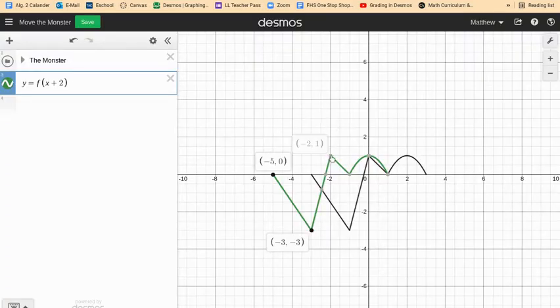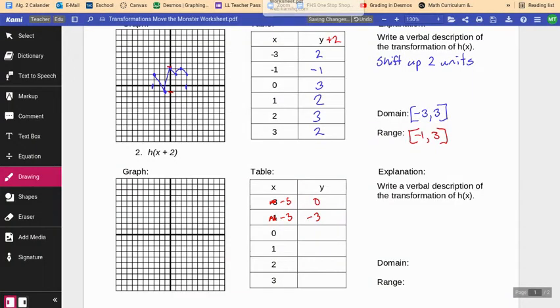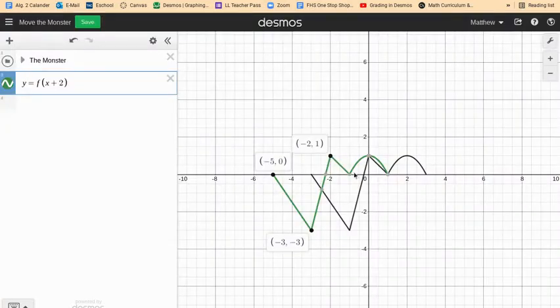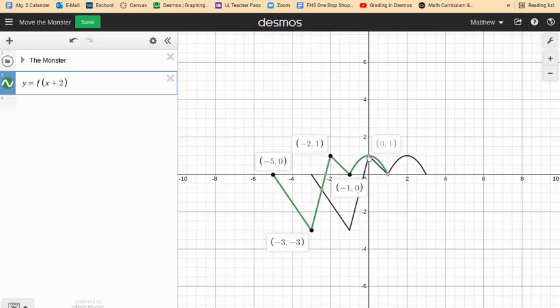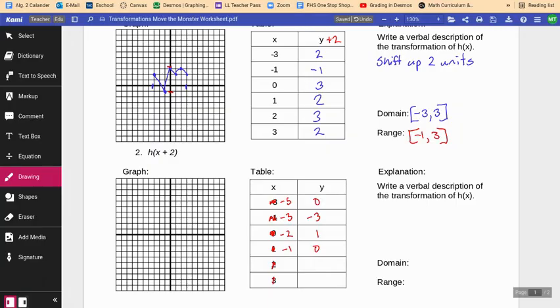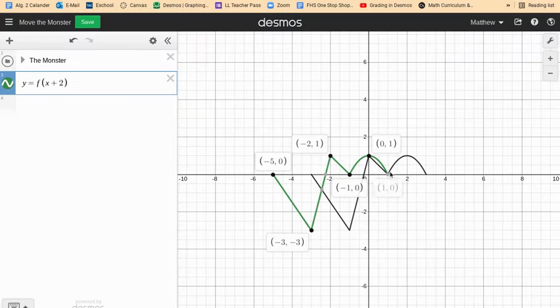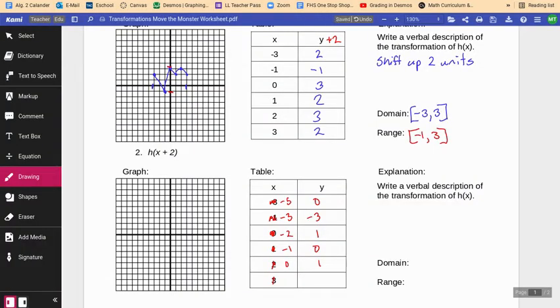Then we have negative 2, positive 1. Then we have negative 1, 0. Then this one, 0, 1. And then the last one is 1, 0 again.